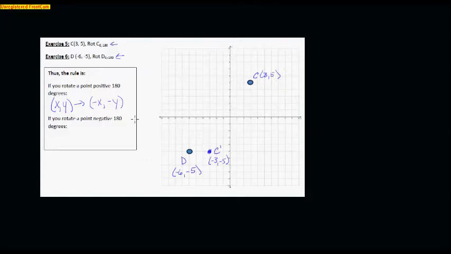If I rotate it -180, that means I'm going clockwise with a negative rotation. So if I take my paper and turn it completely 180 degrees, it starts out at -6, -5. It's actually going to be at +6, +5. It's going to be right there.